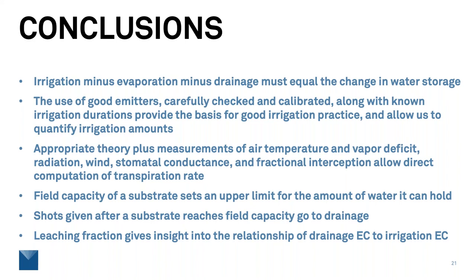With that background, we talked about ways of determining drainage and showed how to use that in connection with the known irrigation amount to determine leaching fraction, which we in turn use to control the substrate salt concentration in the osmotic potential.